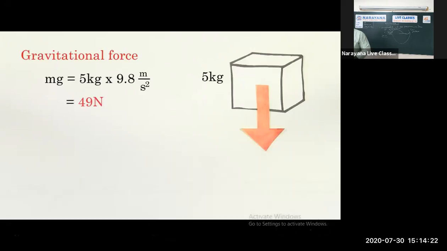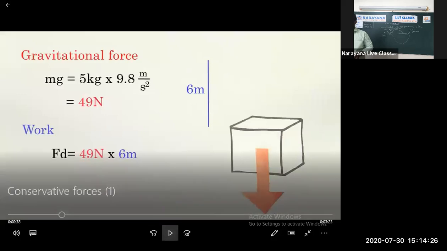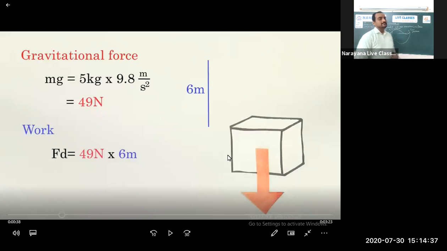Now when you move this block, suppose you are moving this block in the downward direction, 6 meters downward, what will be the work done? We know work done means force into displacement. Here the force is the gravitational force, that is 49, into displacement of 6 meters.